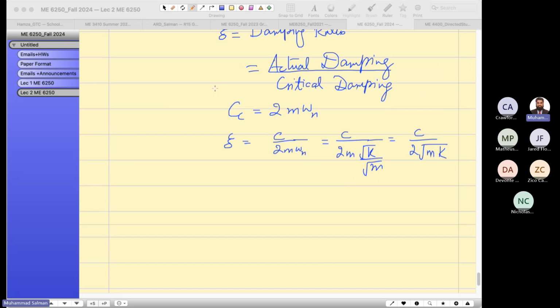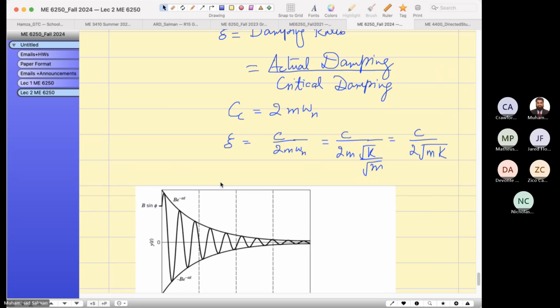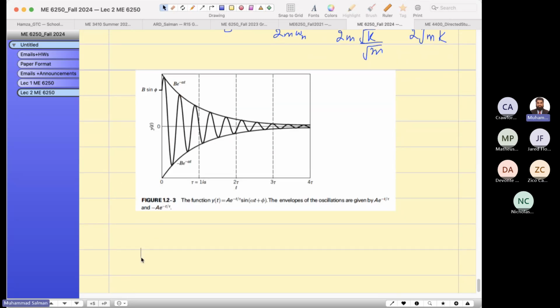Now I want to teach you one concept here, which is the time constant. You see the oscillation is going to zero because of the damping.